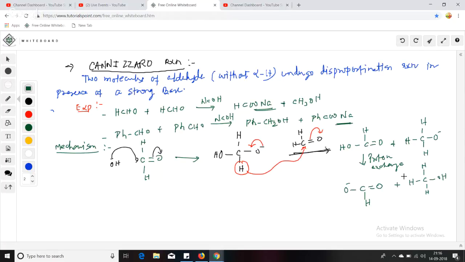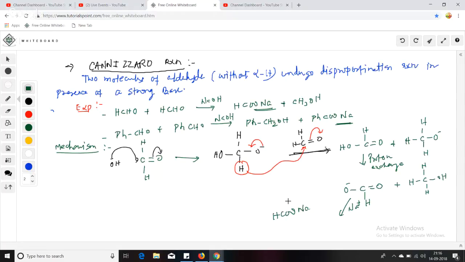So this is the product we have, and since we are using OH minus here, Na plus we already have. So with this Na plus, it forms the salt, HCOONa. This is how we write the product or the mechanism of the Cannizzaro reaction.